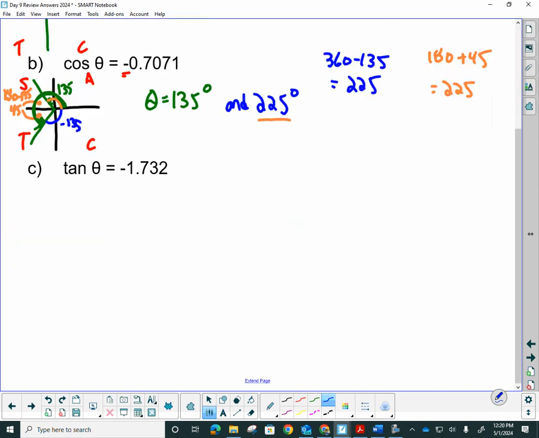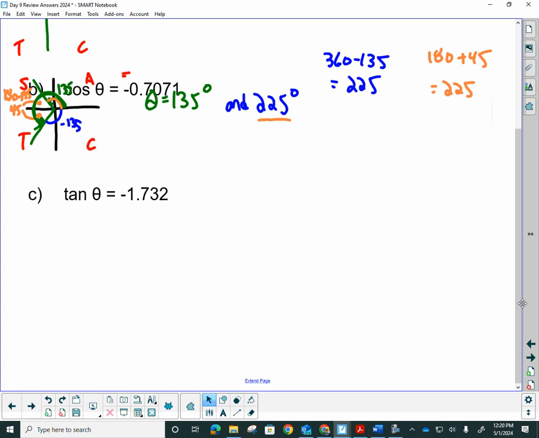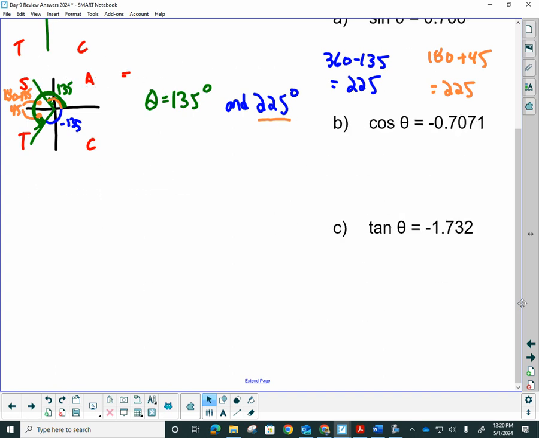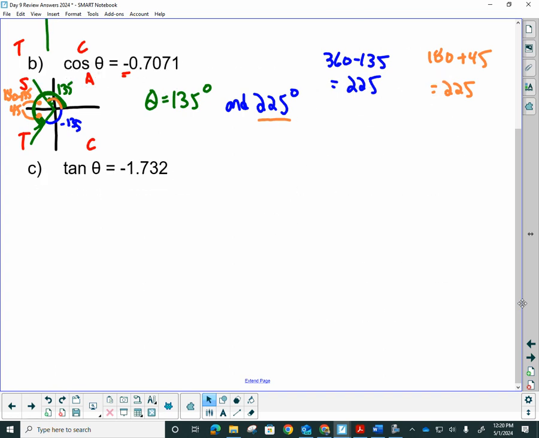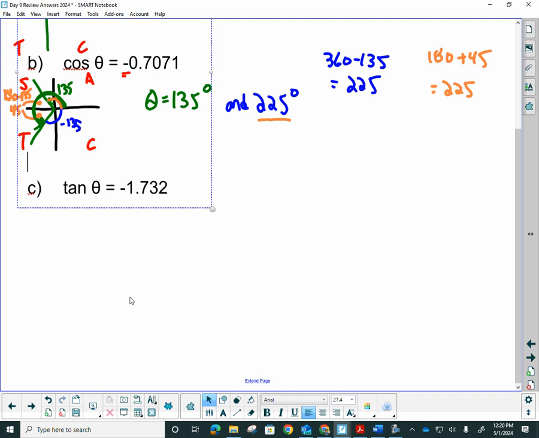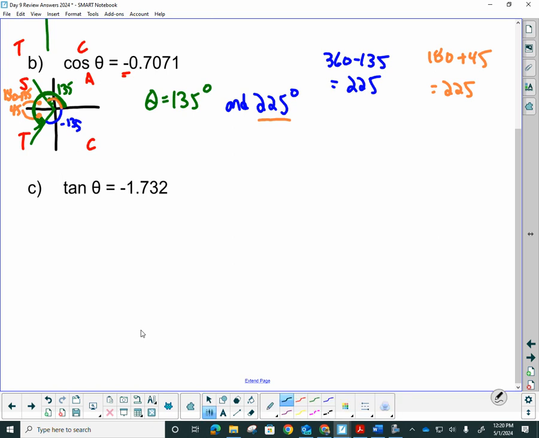And finally, the last one. Just make myself some space here. So, again, I've got to use the CAST rule, C-A-S-T.